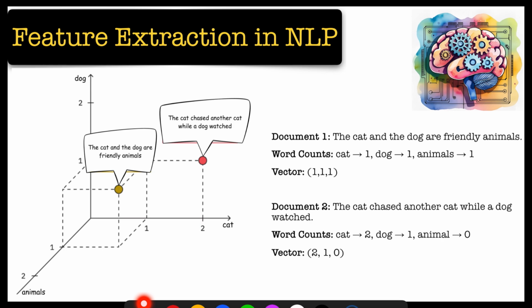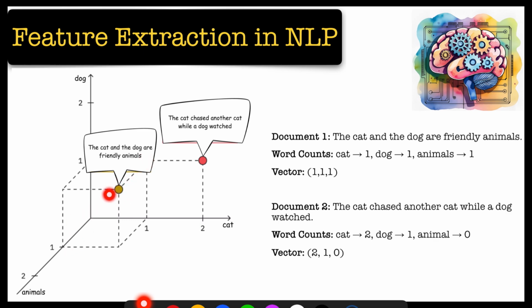So let's try to visualize this in 3 dimensions because I have considered only 3 dimensions. For the first document, the vector was 1, 1, 1. Let's say cat in this direction, dog in this direction and animals in this direction. So 1, 1, 1 will be 1 here, then 1 here, then 1 in this direction.